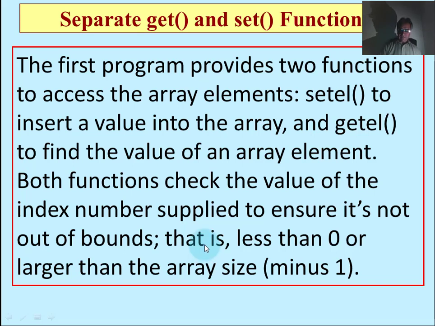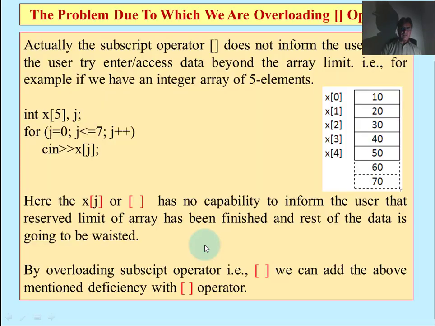So if the main program supplies such kind of index, as in the previous example we have seen, the for loop in the main program is generating the index beyond the limit. The limit is 1 less than the size, which is 5, so 5 minus 1, that is 4, is the last index.